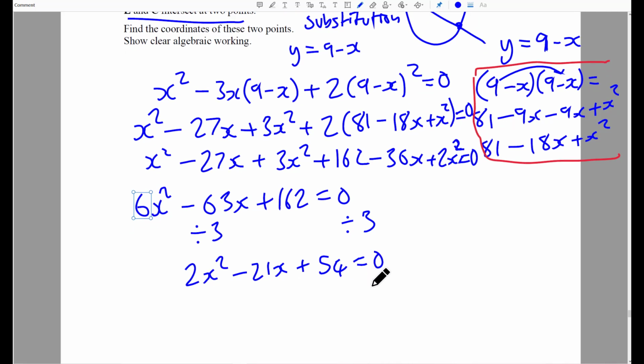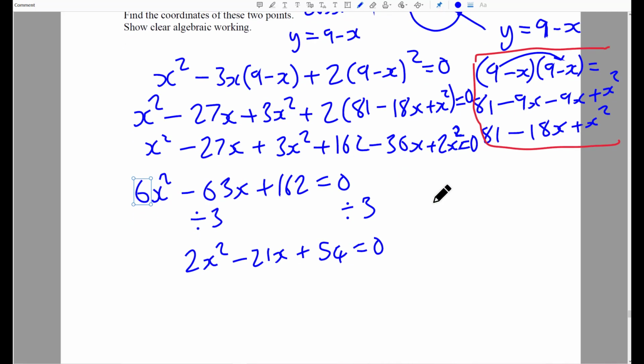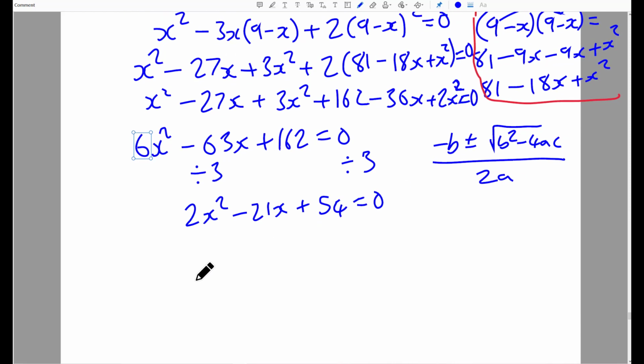Now you could factorise this or just use the quadratic formula. So what's that? Minus b plus or minus the square root of b squared minus 4ac all over 2a. So you can use the quadratic formula, but you can factorise this, I believe.